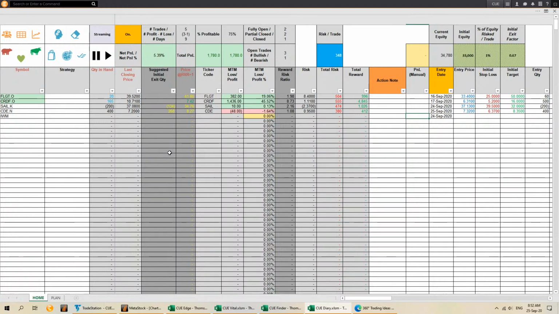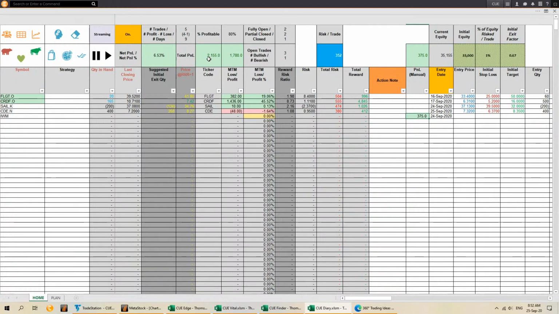Let's say I made $375. That is the use of the P&L manual field, that if you are taking a day trade and you may not be willing to go through all the planning process for day trade, then you may simply enter the symbol, the date of your day trade and the P&L in the manual field.